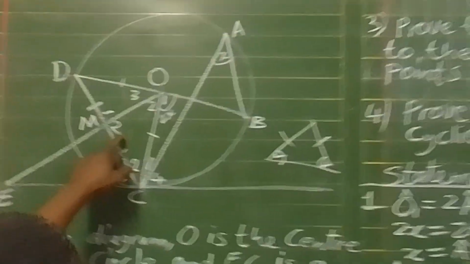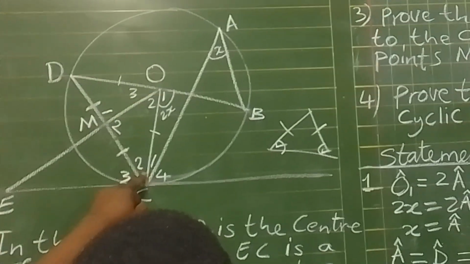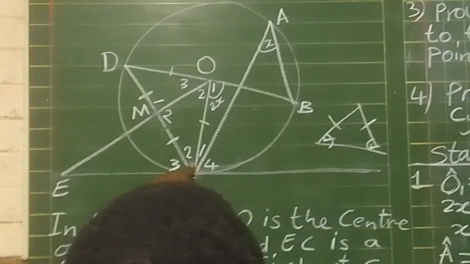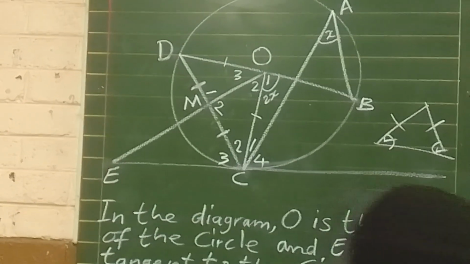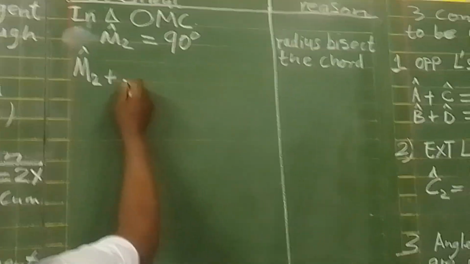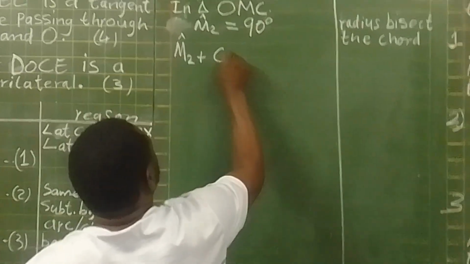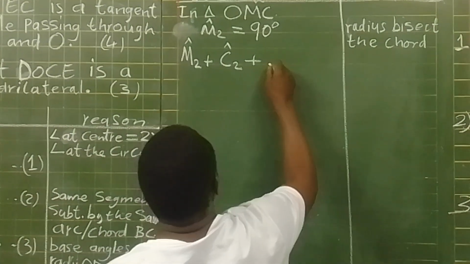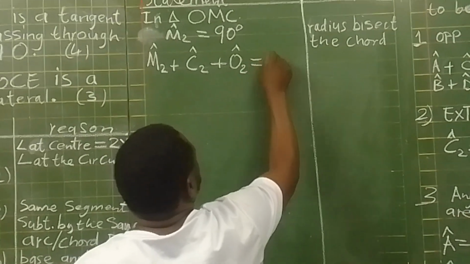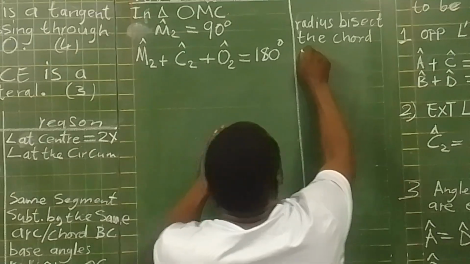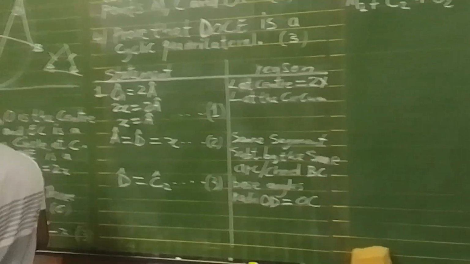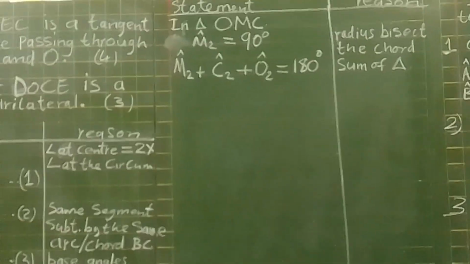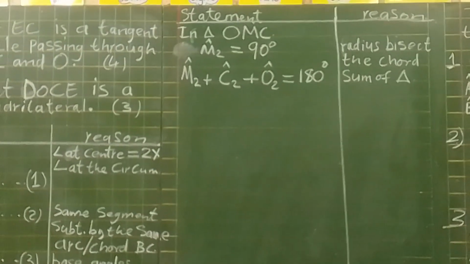We can say that M2 plus C2 plus O2 make 180 degrees, which is the sum of angles in a triangle.